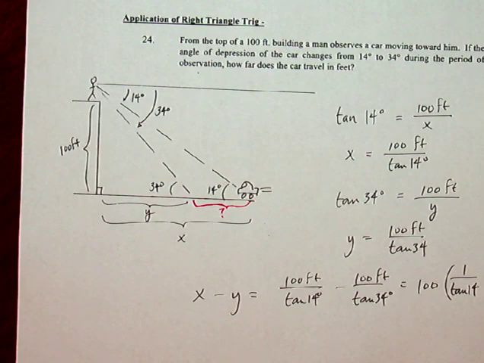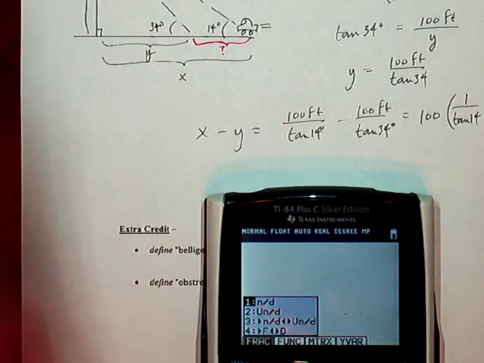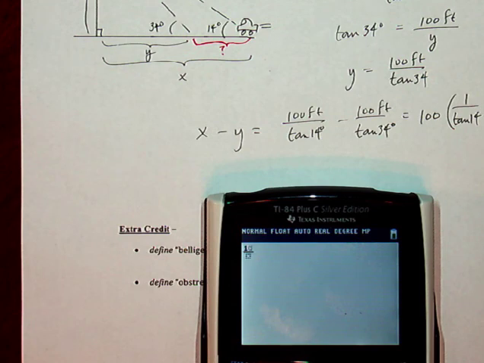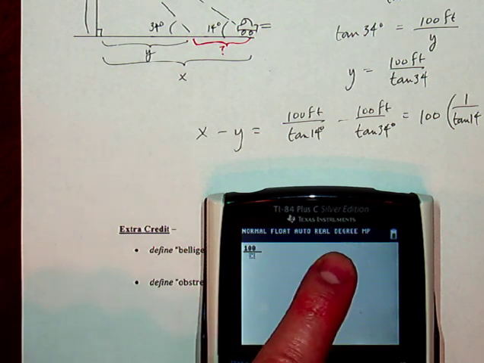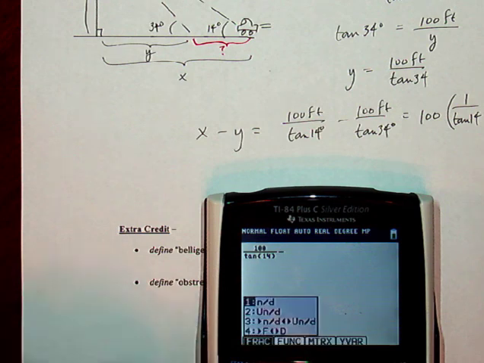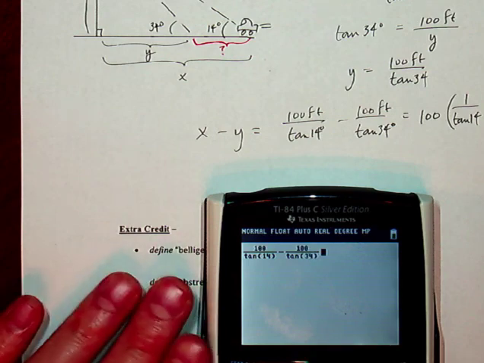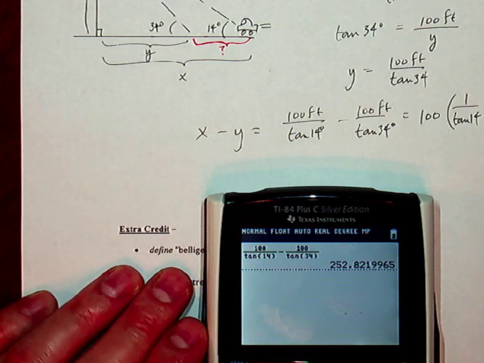However it is that you want to do it, I really don't care. Okay, we have 100. Notice that I'm already in degree mode. That is very, very important. 100 over tangent of 14 minus, and we're going to go ahead and do another ratio, 100 over tangent of 34 degrees, and boom, 252.